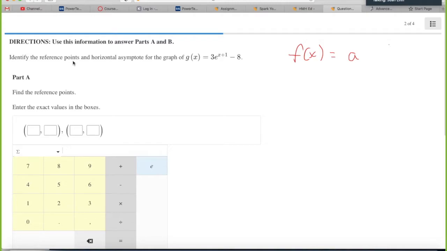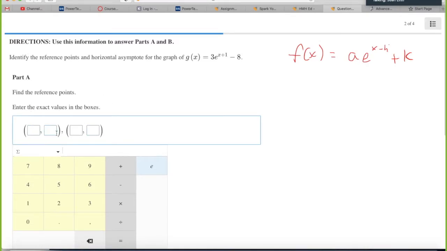Instead of b, I'm just going to use e because we know we're using e's. E to the power of x minus h plus k. One thing I can always remember, formulas are in my brain. Find the reference points and enter the exact values in the boxes.